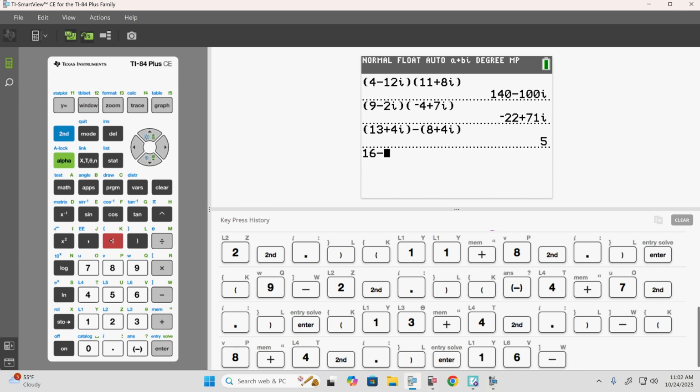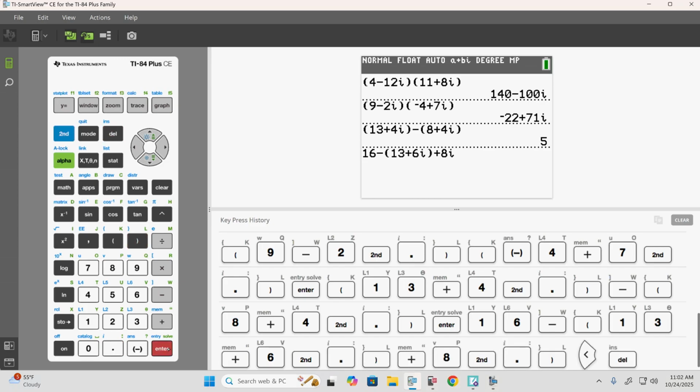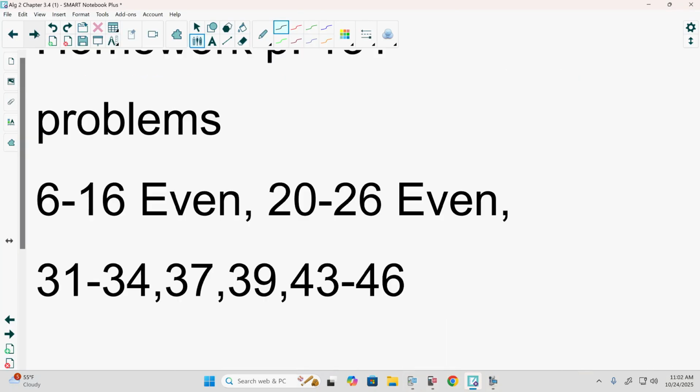And 16 minus 13 plus 6i plus 8i. So the calculator can do most of these here. But that is it for 3.41.